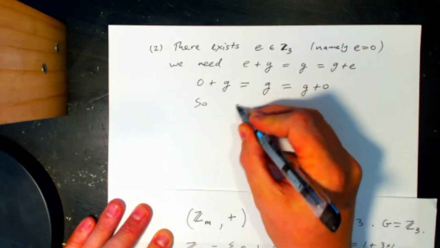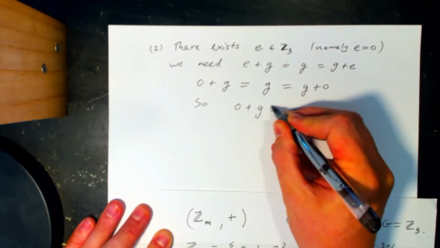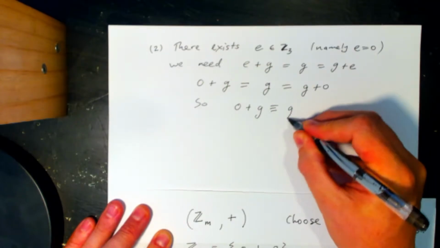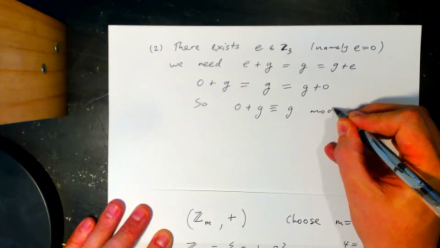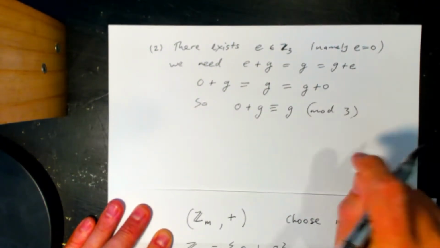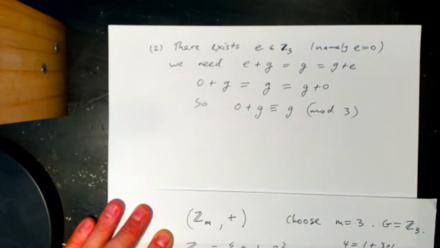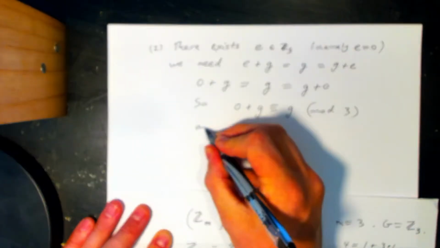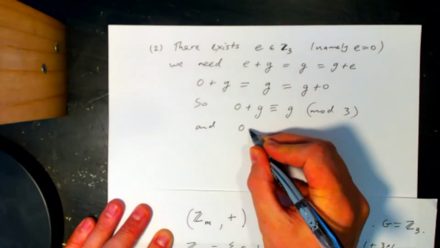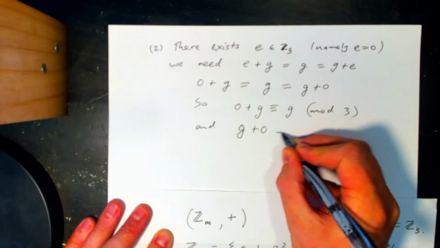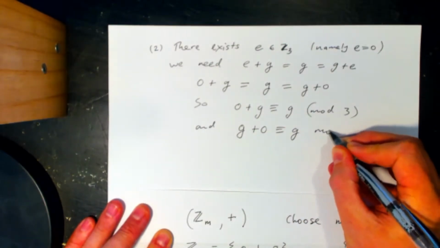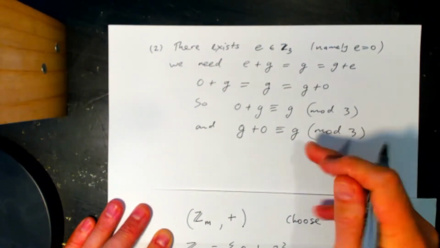So we get 0 plus g is congruent to g modulo 3, or in fact modulo any positive integer m. And it works the other way around too, so g plus 0 is congruent to g mod 3, or modulo any integer m.